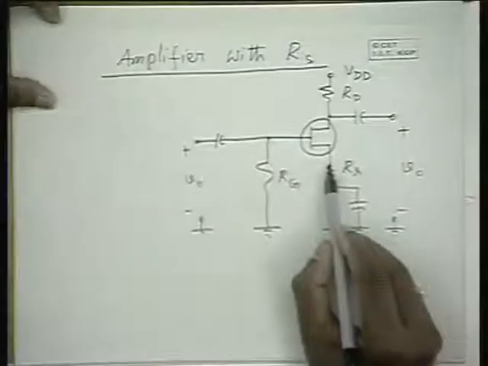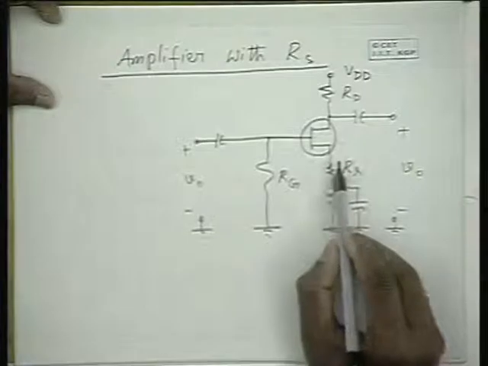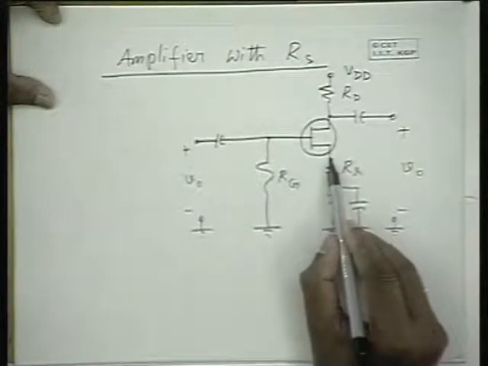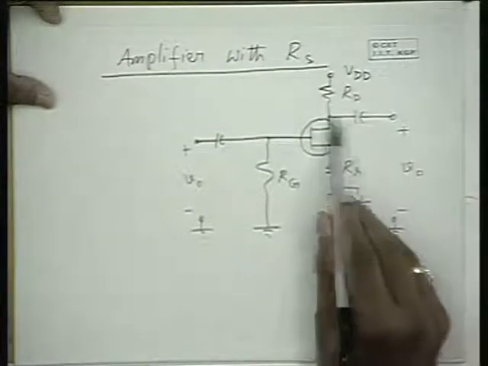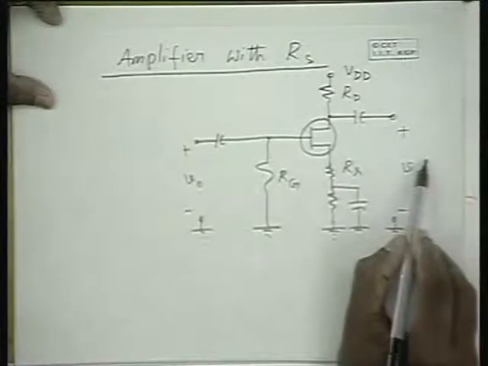Any questions? Sir, can we apply a biasing where we get the output across the RS? Yes, as we were doing in the BJT emitter follower. The question is, similar to the emitter follower, do we have a source follower here, wherein you take the output across RS, not from the drain, but from the source?